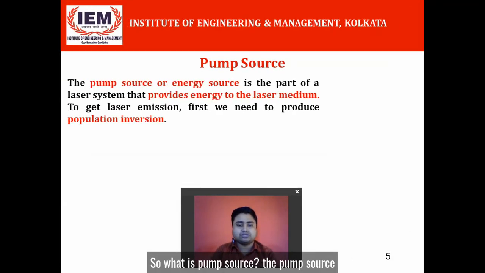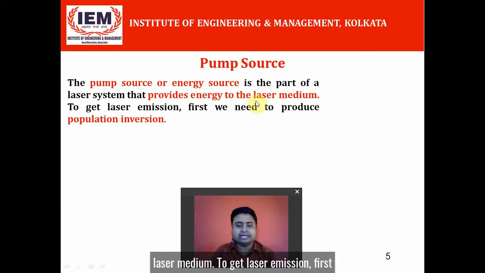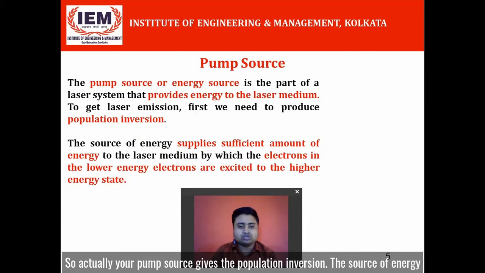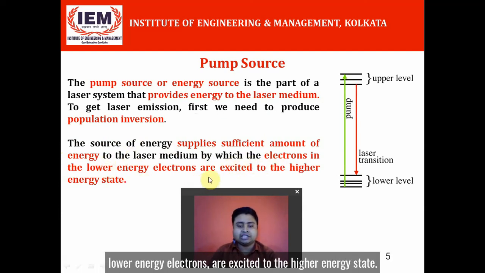So what is a pump source? The pump source or energy source is the part of a laser system that provides energy to the laser medium. To get laser emission, first we need to produce population inversion. So your pump source gives the population inversion. The source of energy supplies sufficient energy to the laser medium by which the lower energy electrons are excited to the higher energy state.